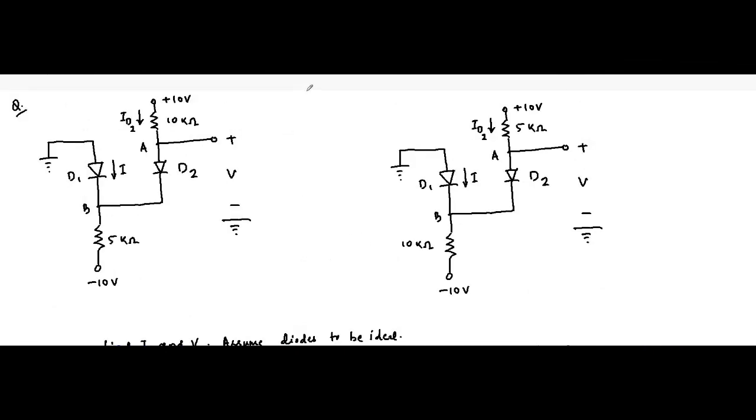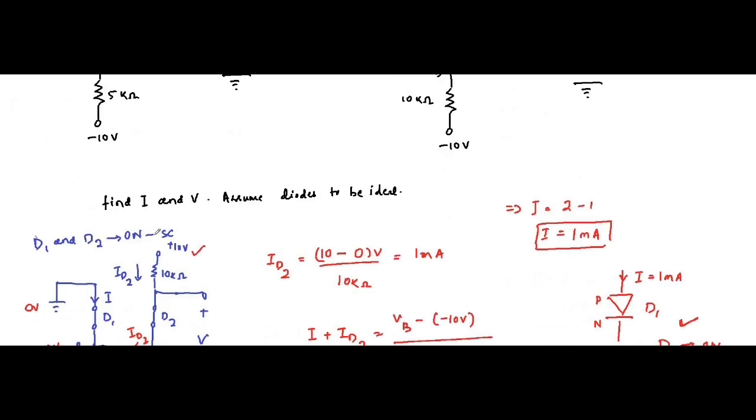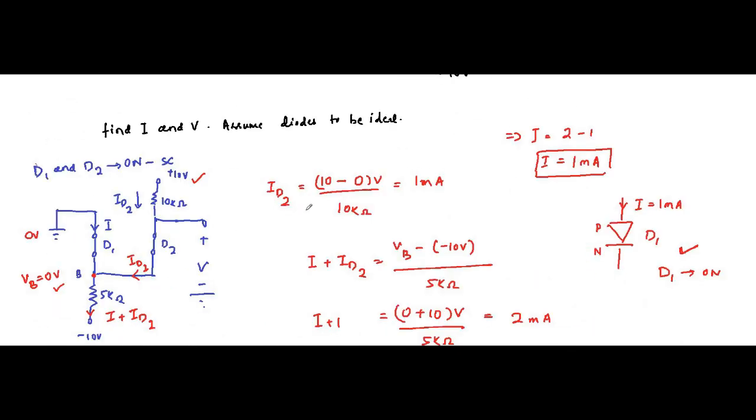Here, in the first case, it looked most probably that both diodes D1 and D2 were forward biased, because the P end was connected to 0 volt and N end to minus 10 volt, and also D2's P end was connected to a positive potential, N end to a negative potential, and our assumptions were true.